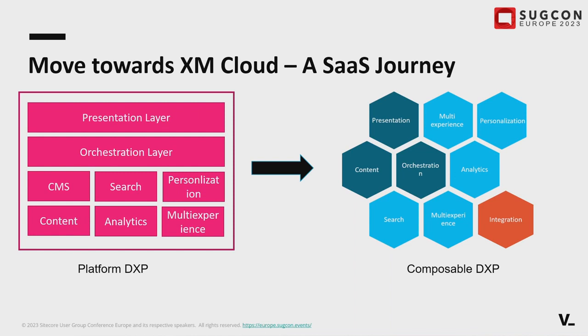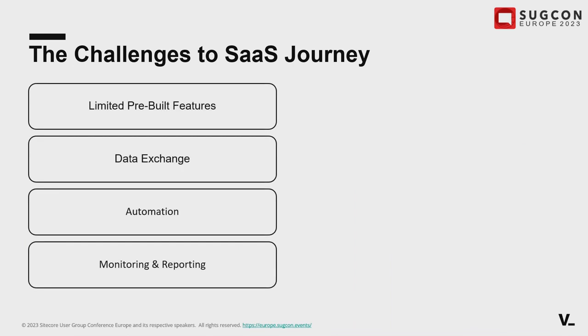The challenge with the composable world, not just for Sitecore, is that when you move to SaaS, it has limited pre-built features compared to the platform solution, which offers all the features and functionalities packaged as out-of-the-box features.